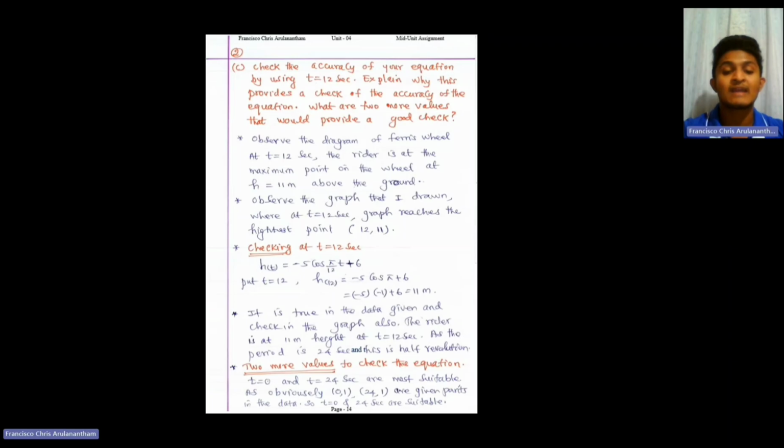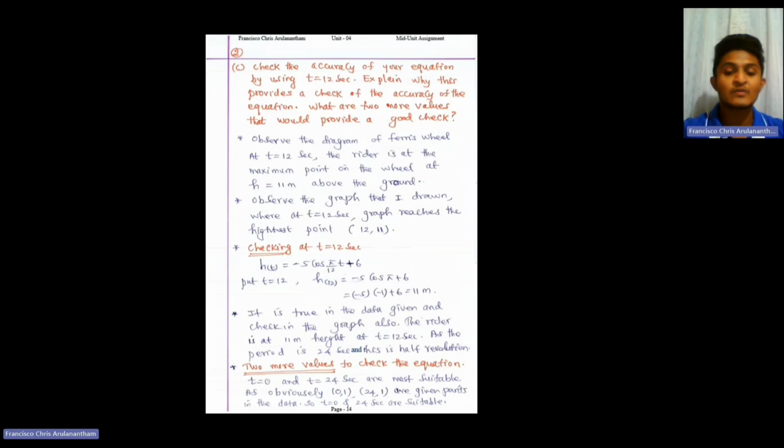So we will get h(12) equal to 11 meters. It is true in the data given and in the graph also: the rider is at 11 meters height at t equal to 12 seconds, as the period is 24 seconds and this is a half revolution.